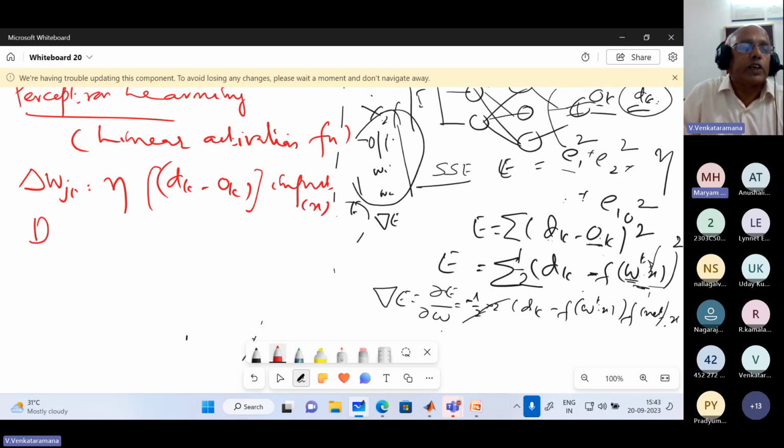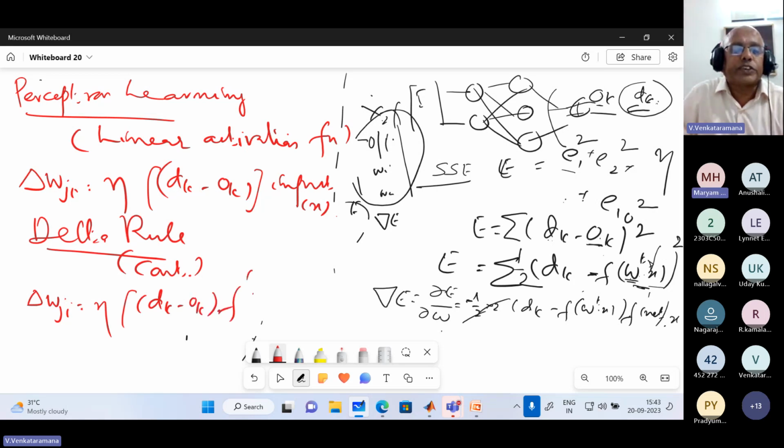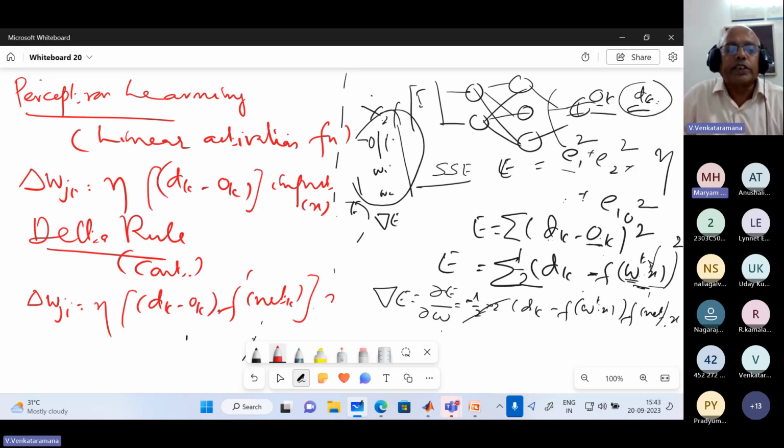Whereas in case of the delta rule or delta learning rule, it requires a continuous activation function. Therefore, the change in the weight expression is nothing but eta into (dk minus ok) into the derivative f dash of net k into input x.